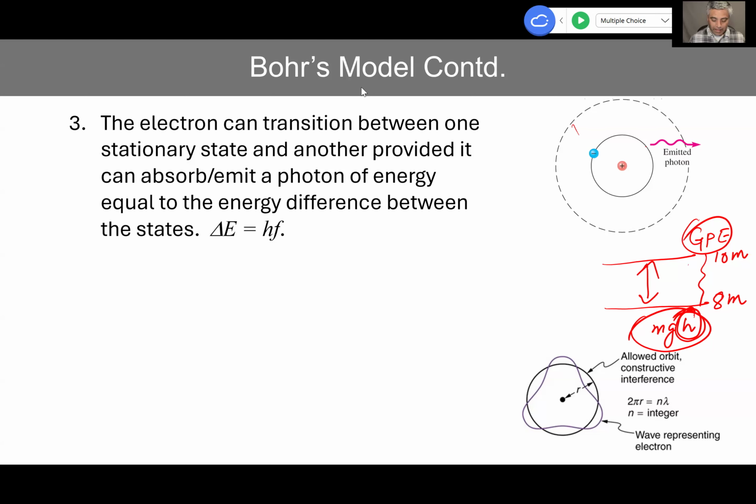So there can be absorption, and there can be emission. If you are shining light, it's going to absorb a certain frequency of light, only the frequency that is enough to get to another level.